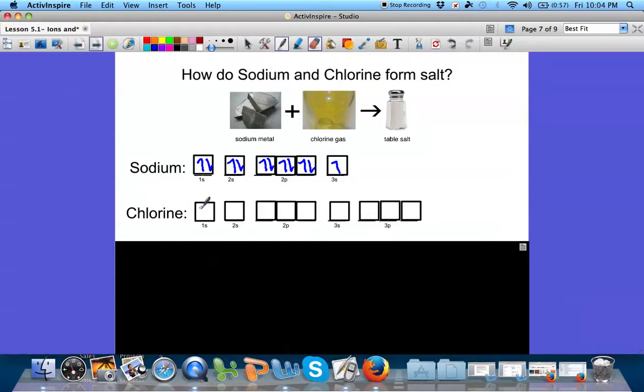The chlorine orbital diagram is 1s2, 2s2, 2p6, 3s2, 3p5.